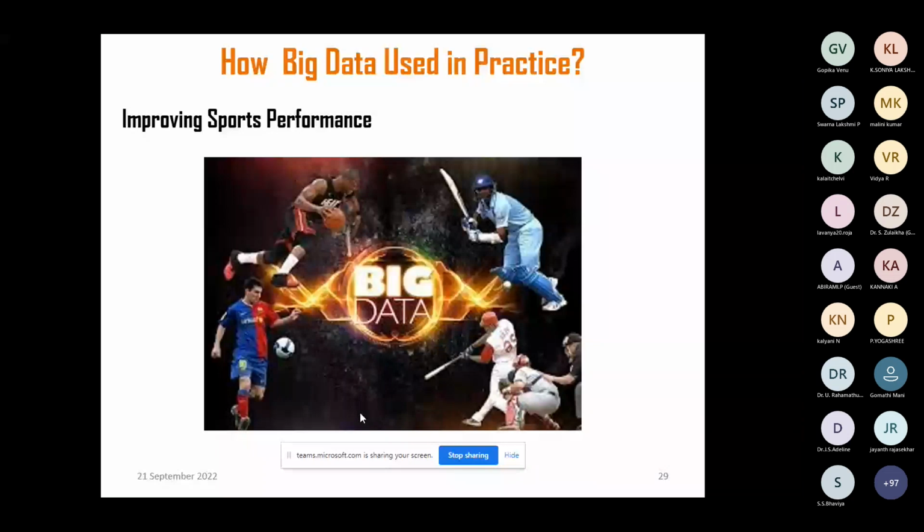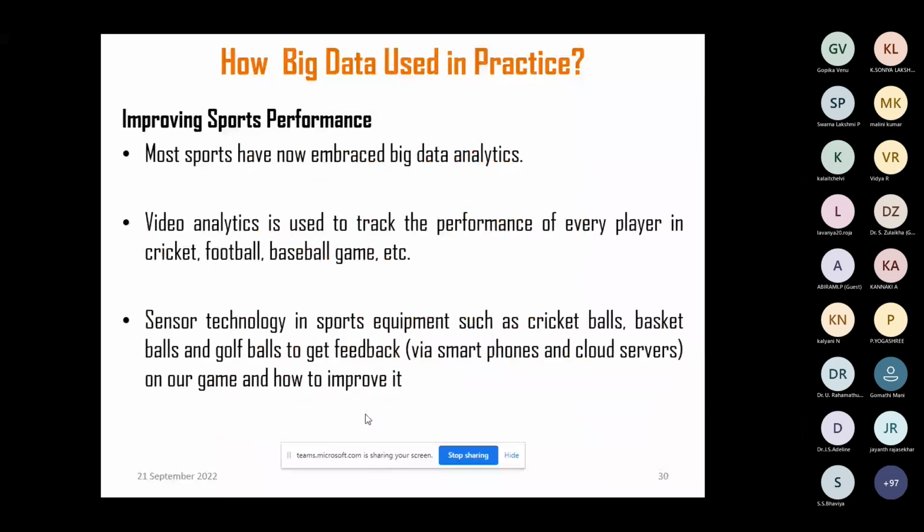Most sports have adopted big data analytics, and especially video analytics is very widely used to track the performance of each player in games like cricket, football, and baseball. Sensor technology in particular is being used.